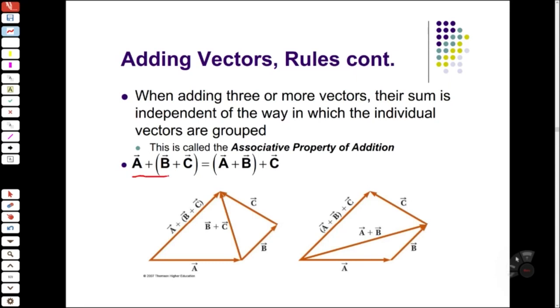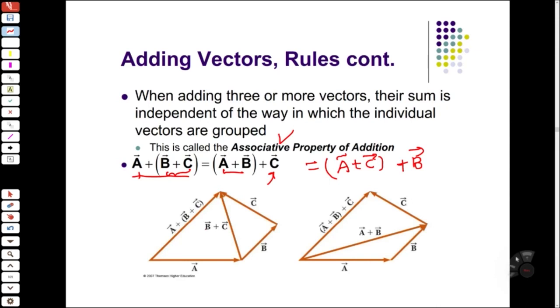And if you have three vectors, you can add B plus C first and then add A, and that is also equal to adding A plus B and then adding C. Or you can add A plus C first and then plus B. They all give you the same vector here, and that is called the associative property.